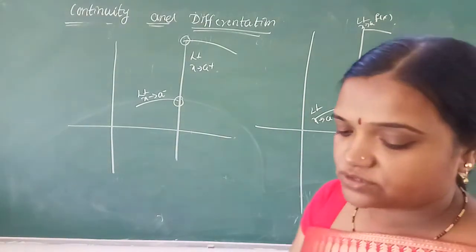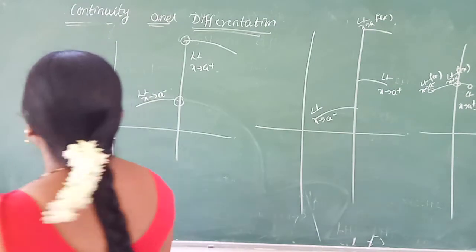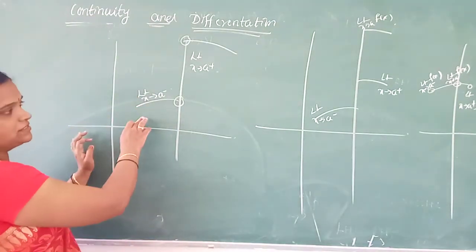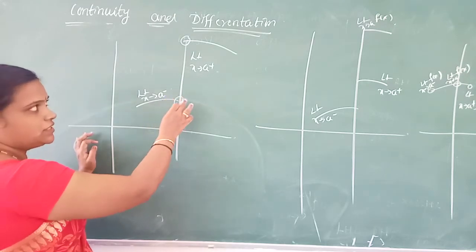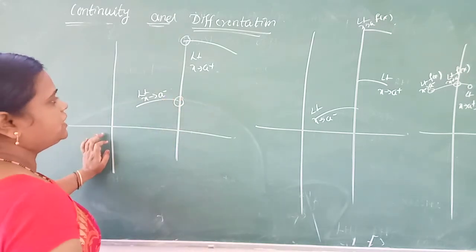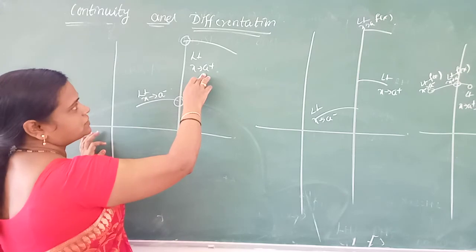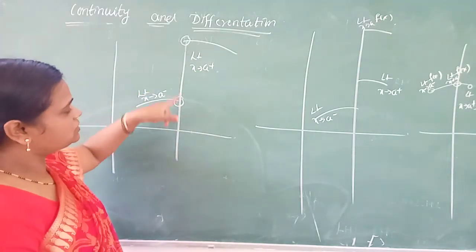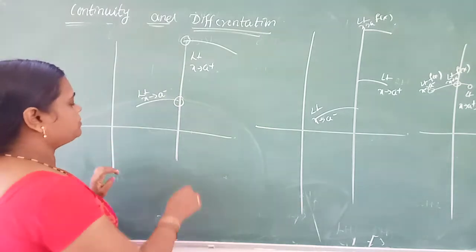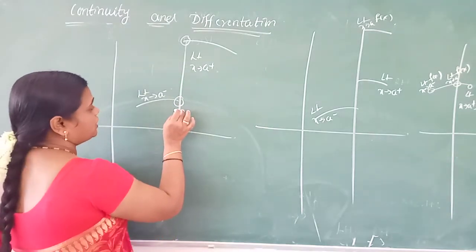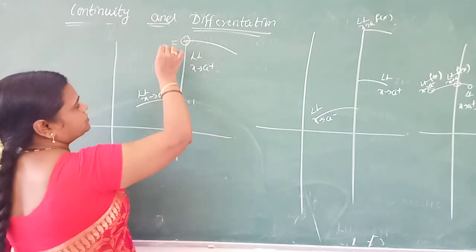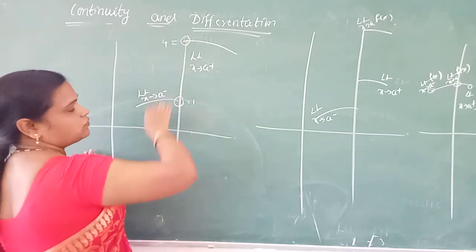Concentrate here. Here limit as x tends to a minus is this value of f of x, and here limit as x tends to a plus is this value of f of x. If both values are similar... for example, if I take here the value 1, and upside it goes on increasing, say it is 4.